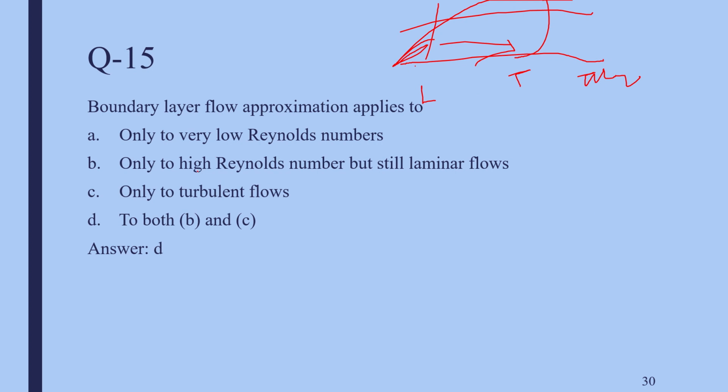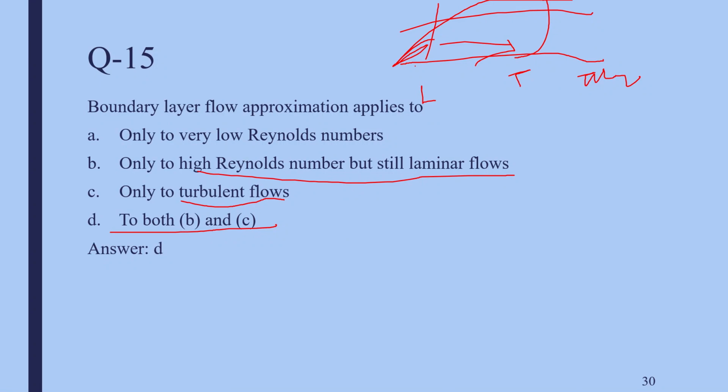Whereas at high Reynolds number but still laminar flows, and in high turbulent flows, we can use the boundary layer flow approximation to get an approximate solution for the Navier-Stokes equation, the flow governing equations. So options B and C are right, which is given in option D, both B and C.